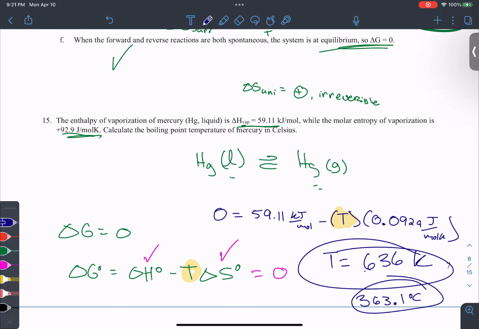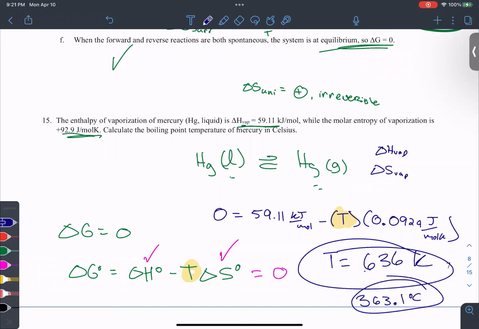So that's us estimating the boiling point of mercury. If you know the enthalpy and entropy change of vaporization for this process, you can estimate boiling points, or even freezing point temperatures if you know those respective reaction values.